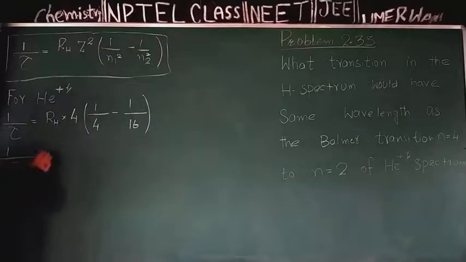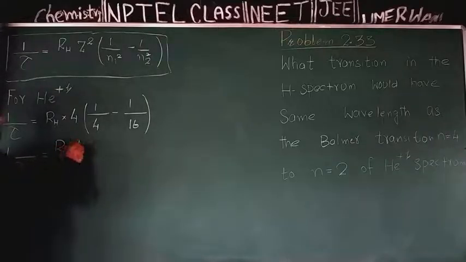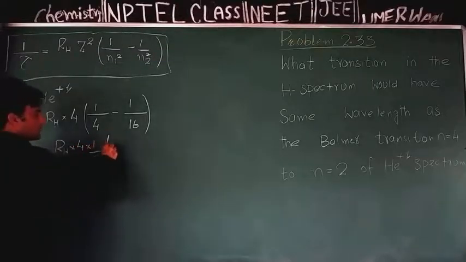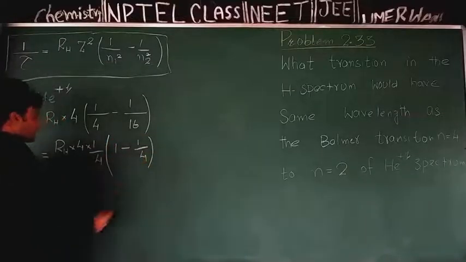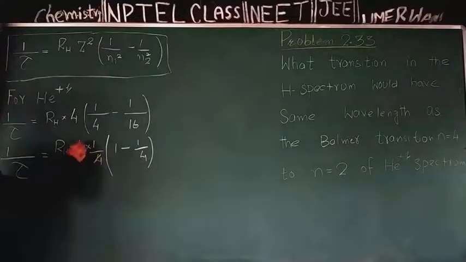Now I can take 1 by 4 common. It will be equal to RH multiplied by 4 into 1 by 4, because I took 1 by 4 common. It becomes equal to 1, and the other term becomes 1 by 4. Now 4 and 4 will get cancelled.